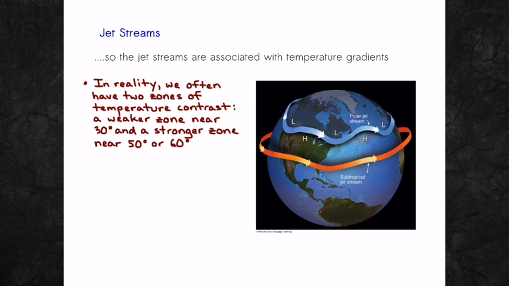So you could probably say 40 to 60, something like that. And if you've got two zones of temperature contrast, then by extension, that's going to mean that you have two jet streams. Two zones of temperature contrast, two jet streams.